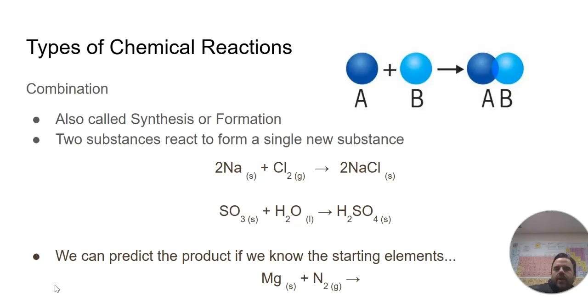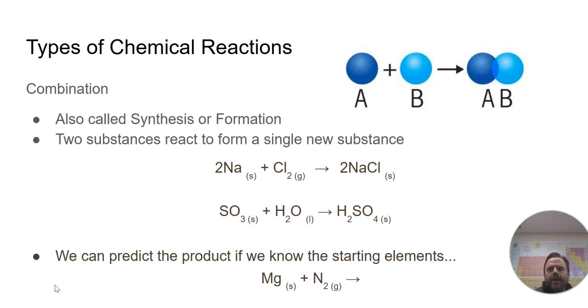Another one here is sulfur trioxide combining with water to form what we call sulfuric acid. This can actually happen in our atmosphere when we have acid rain. I need to confirm that, but there is a reaction that happens that's very similar to this that can cause acid rain.